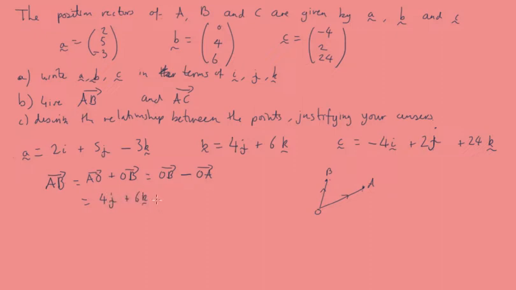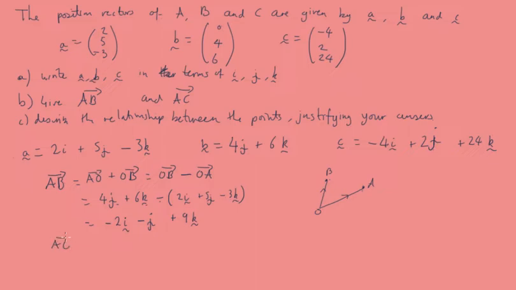Then we're going to minus, because this one has to go backwards, so it's minus this, 2i plus 5j minus 3k, which gives us minus 2i, and then we've got 4 minus 5, which is going to be minus j, and then 6 minus, so it's plus. 6 plus 3 is 9k.